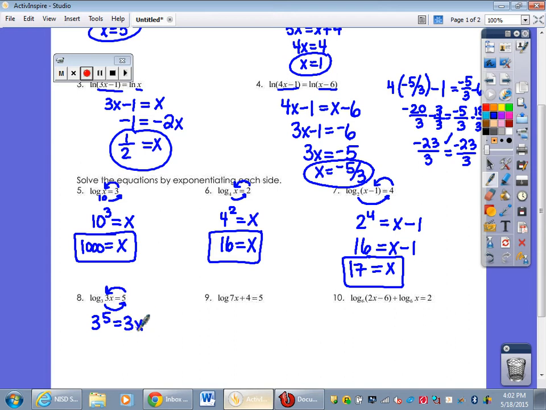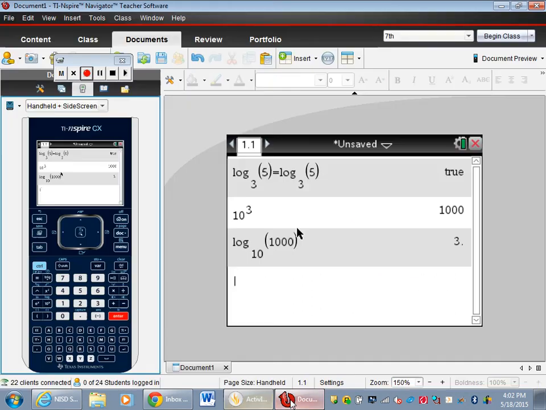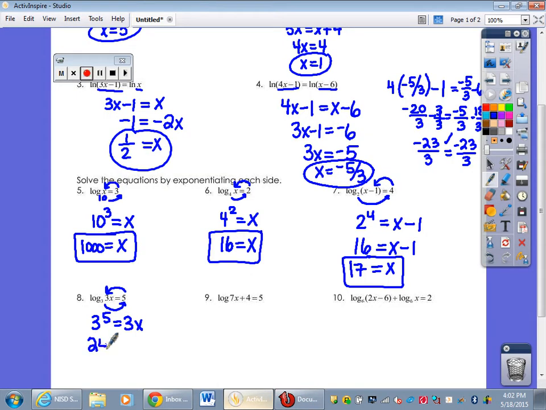So you have to do 3 to the 5th first. I believe it's 243, but I want to check to make sure. 3 to the 5th is 243 equals 3x. So then you would divide by 3, and x should be equal to 81.